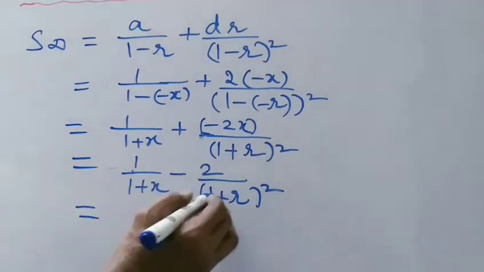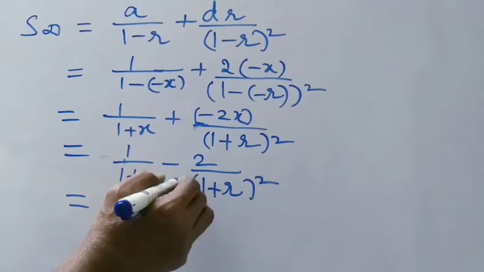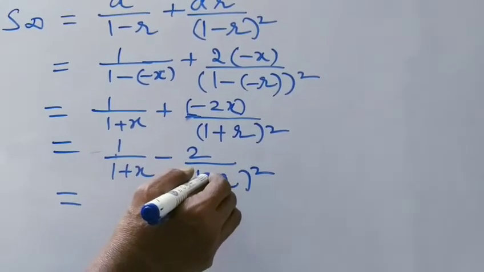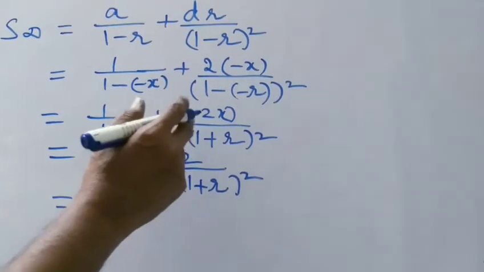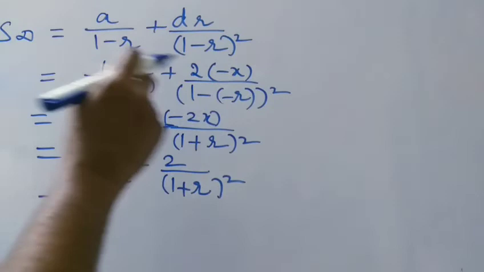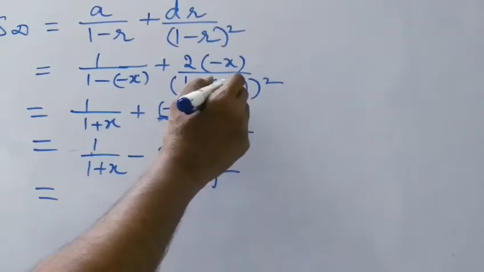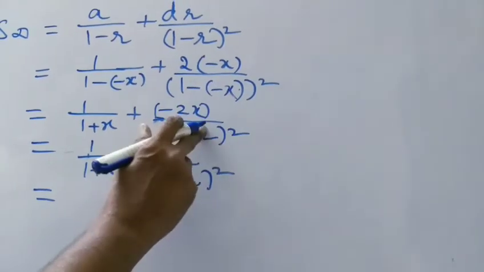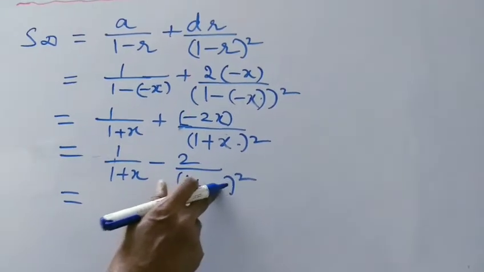LCM of these two fractions: 1 by 1 plus x minus 2 by (1 plus x) whole square. Here in place of r, this is x.